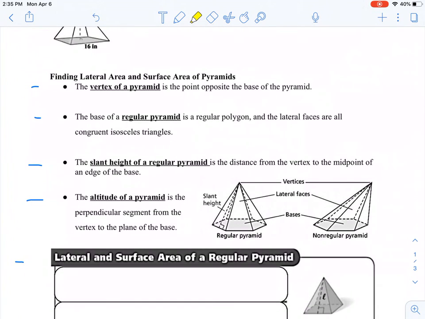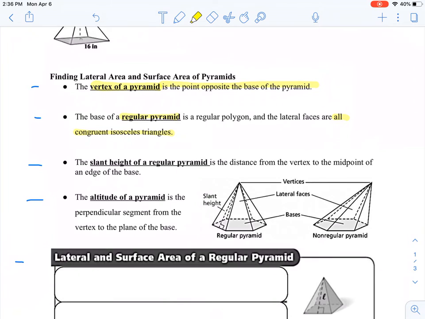So first of all, when finding the lateral area and the surface area of pyramids, a couple things we need to know. First of all, the vertex of a pyramid is the point opposite the base of the pyramid. The base of a regular pyramid is always going to be a regular polygon, and the lateral faces are all congruent isosceles triangles.